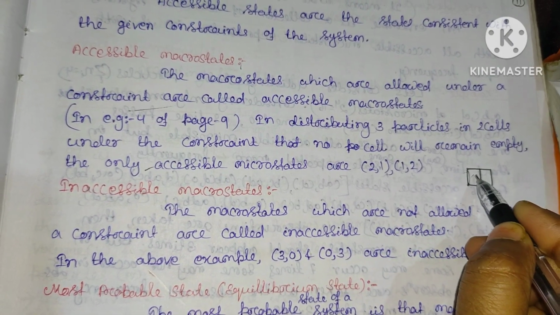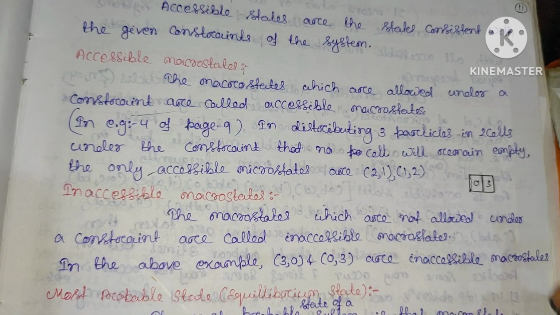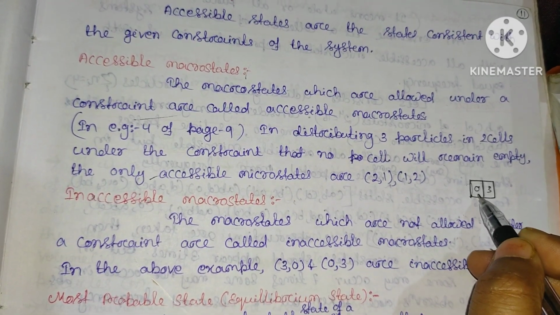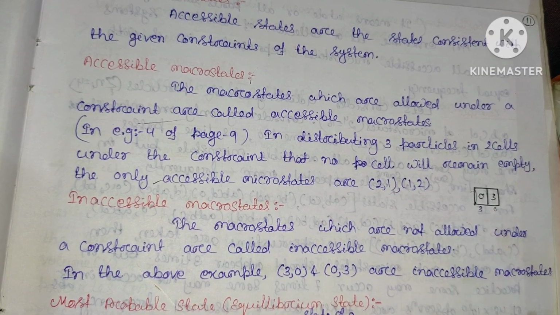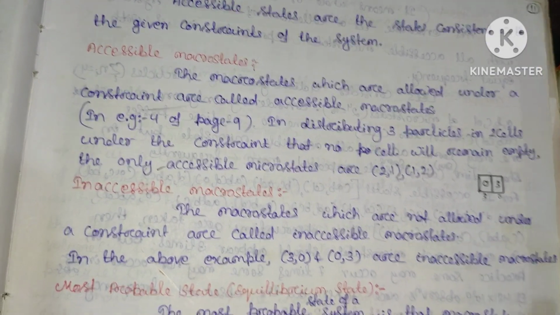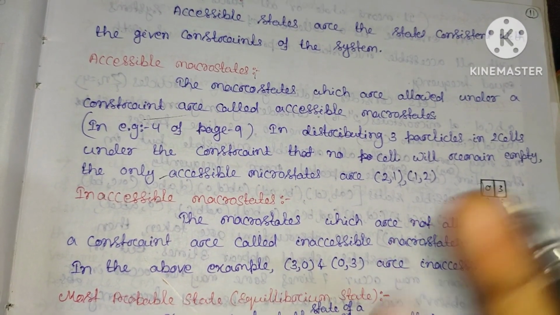That means one cell contains no particle and the other contains all the particles, or one contains 3 particles and the other compartment contains none. These 2 cases are called inaccessible macrostates.